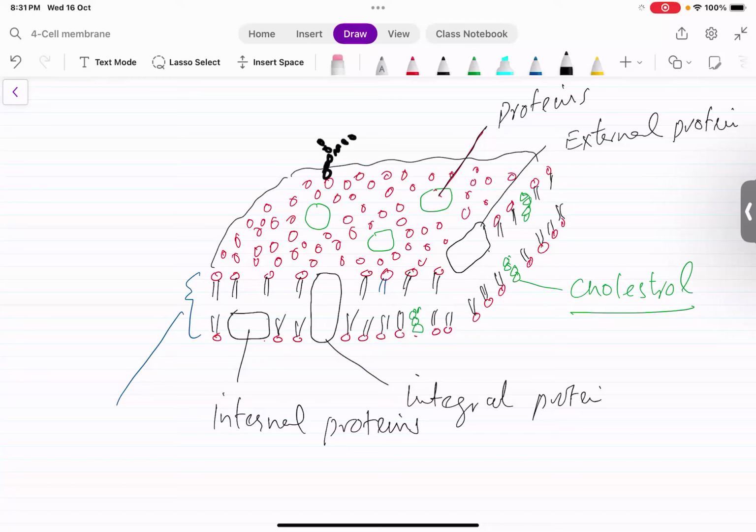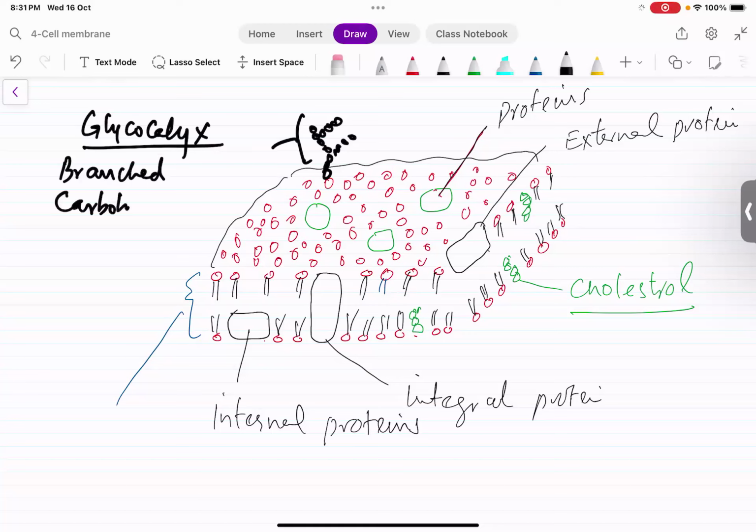This is a branched carbohydrate, which is attached with maybe a phospholipid molecule or maybe attached with a protein. And this branched carbohydrate is known as glycocalyx. This may be present on a phospholipid like this.